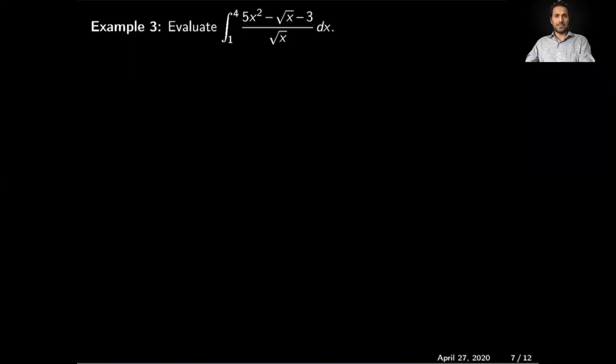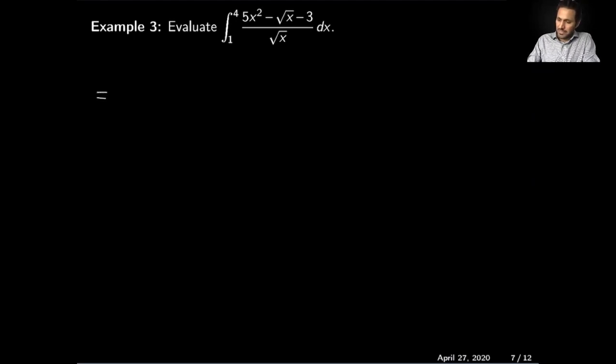I have a next example to practice: calculate the definite integral from 1 to 4 of this function. As you can see, this is the quotient of two functions, but we do not have any rule to calculate the antiderivative of a quotient function. So the first rule is that when you have a quotient function, we would like to simplify that function.